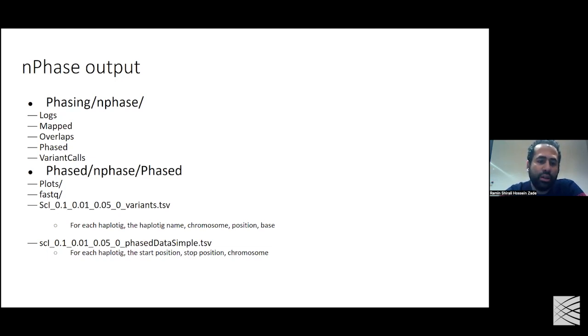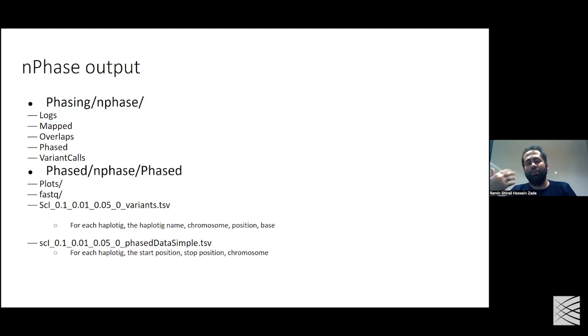And there are 2 other important files, the variance.tsv and phasedatasimple.tsv. The variance.tsv tells you the nucleotide, the allele that nPhase assigned to each haplotype at each SNP locus, and the phase data simple also tells you the start and the end position of each cluster.